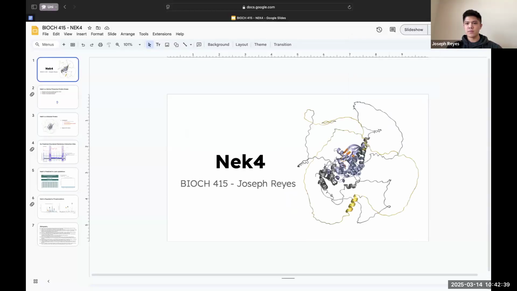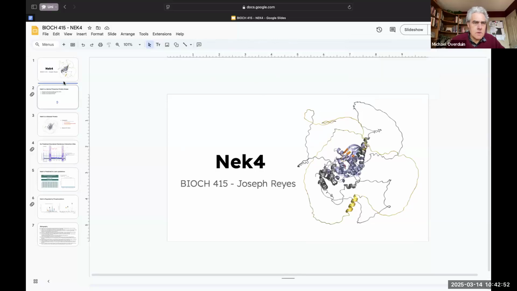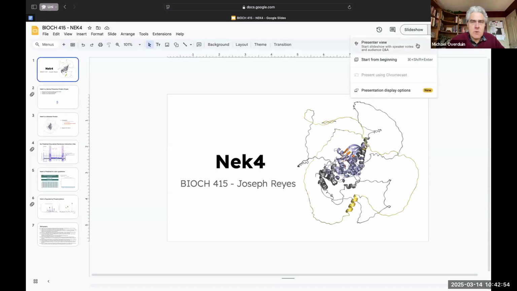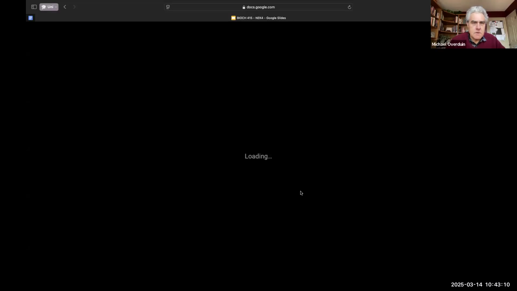The second option there. Yeah, perfect. It's still showing the presenter view. Can you click on the start from the beginning tab, and then hopefully it goes. Okay, it's still the presenter view. Try the presentation display options, and then full screen is what you want. Perfect. I think it'll pop up in a minute. My screen is just waiting for it to display.